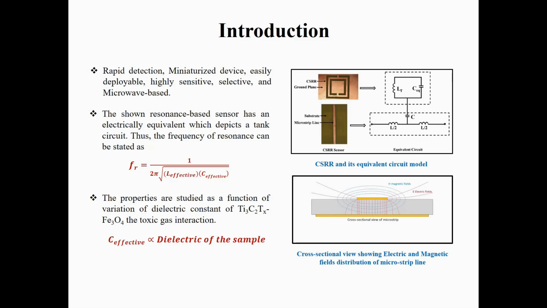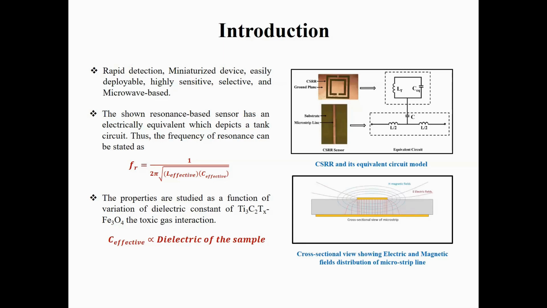The total CSRR's electrical equivalent is nothing but an LC circuit. The gap between those squares provides the inductance. Between those islands, there is a gap between two conducting islands, which provides a capacitor.